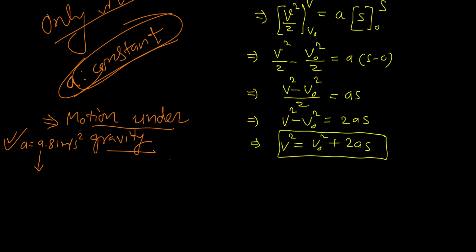You need to apply these equations of motion independently along all the 3 axes or all the 3 different directions. The common factor shared by all the 3 directions will be time. Time will be common in all of them, but velocity, acceleration and displacement you need to take in the particular direction which you are considering for study.